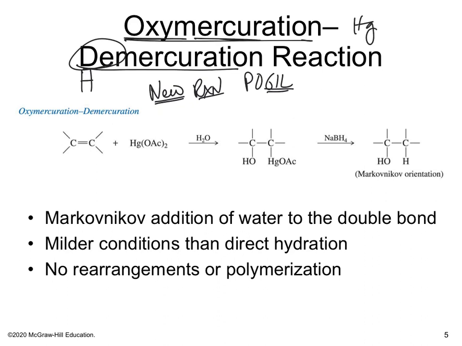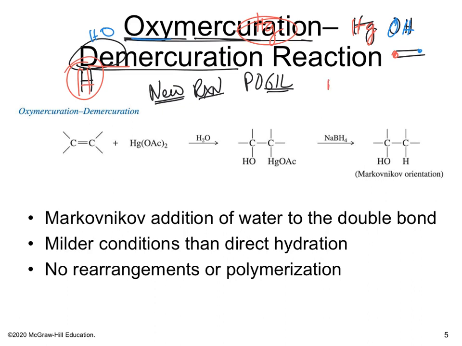Mercury is Hg, and we're going to add OH and Hg across the double bond. So one of the carbons will get the mercury, and another carbon is going to get the OH added. And that's what oxymercuration means.